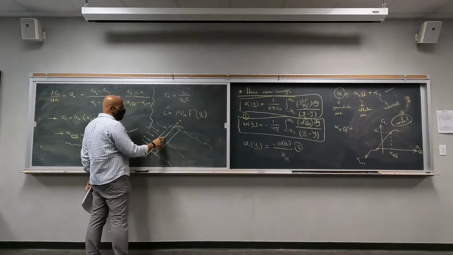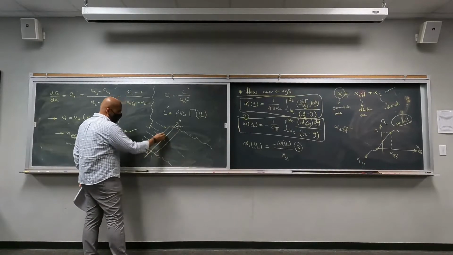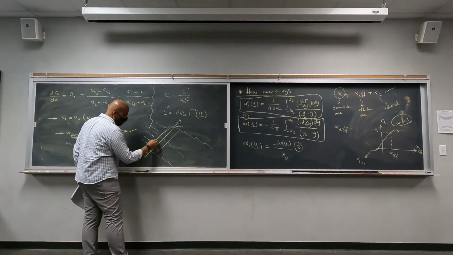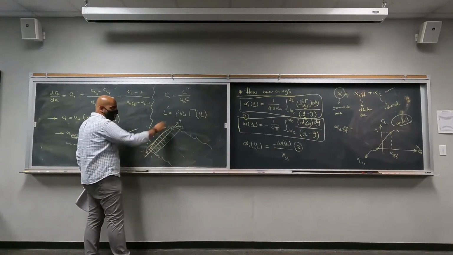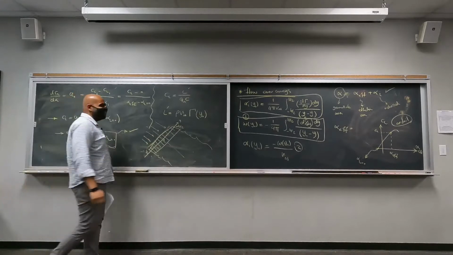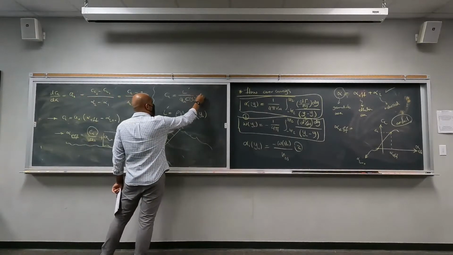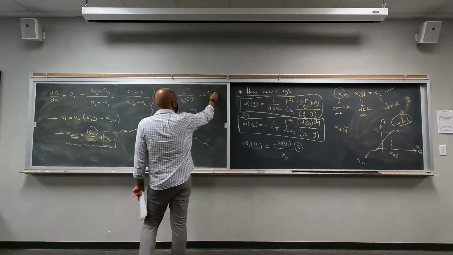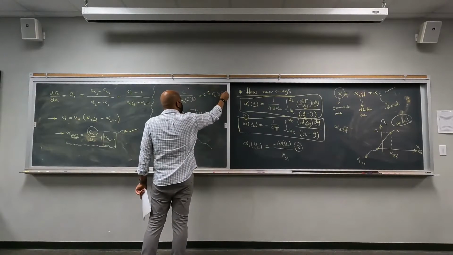Your chord length can also change. You may have a tapered wing, which means this chord length is also a function of its location in the y direction. Let's rearrange this for L prime. L prime is going to be CL, Q infinity, C at y naught.